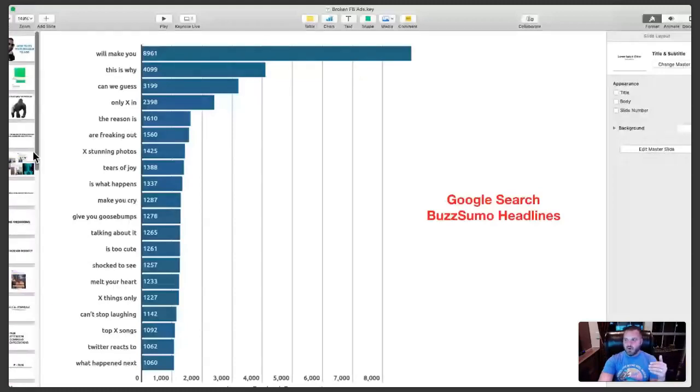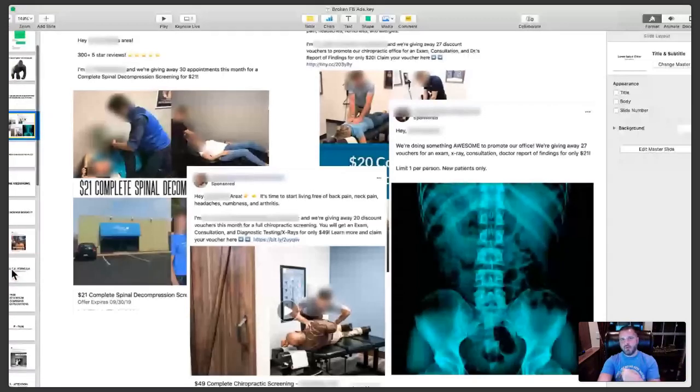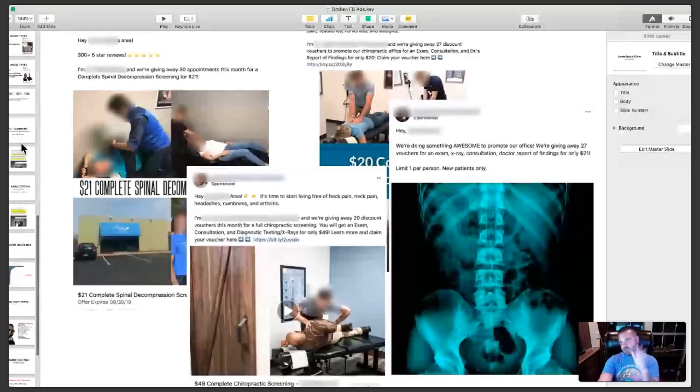That doesn't really draw you into the copy. It's just somebody peddling their stuff, right? This is where we can actually get people to start engaging with our copy by having these effective headlines.